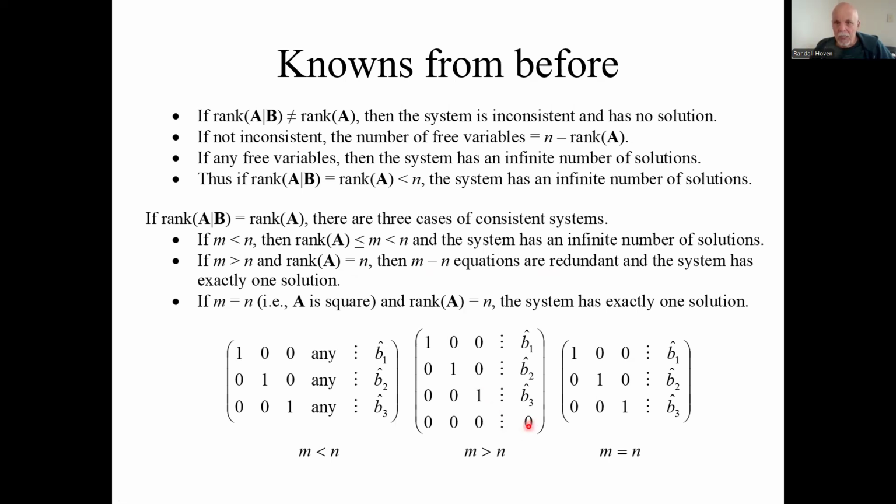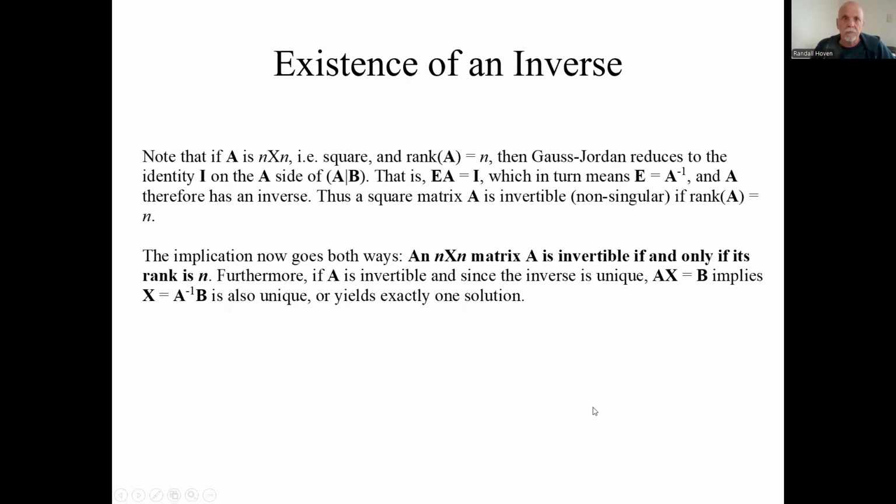If you had a non-zero down here, it would be an inconsistent system, because the rank of the augmented matrix would not equal the rank of the unaugmented matrix. And if m equals n, you have a square matrix A, then you have exactly one solution also. And look at the A side, after all your row operations, it is the identity matrix, which leads me to the next chart.